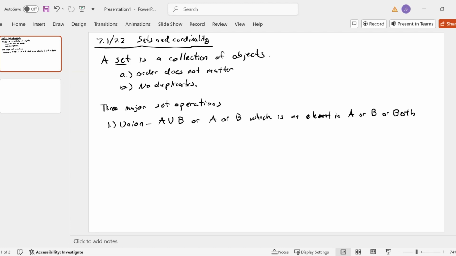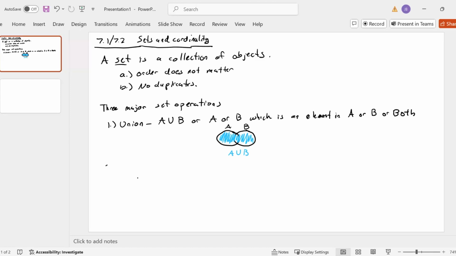And if we draw that as a Venn diagram, if this is A and this is B, then A union B is just all of that shaded in like that. So that was the first one.